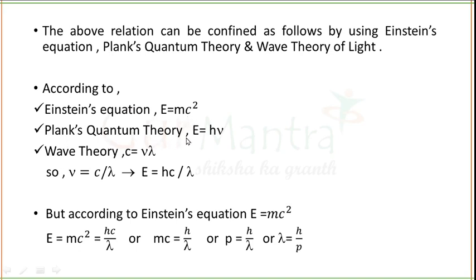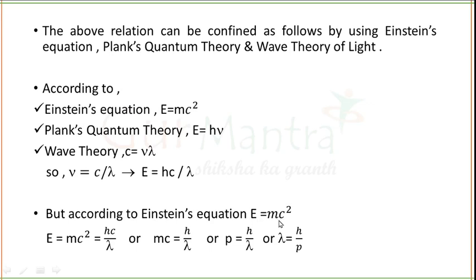Planck's quantum theory is E = hν, and the wave theory gives the relationship between ν and lambda, which is c = νλ. When you solve these equations, you will get E = hc/λ. But according to Einstein's equation, you know that E = mc².